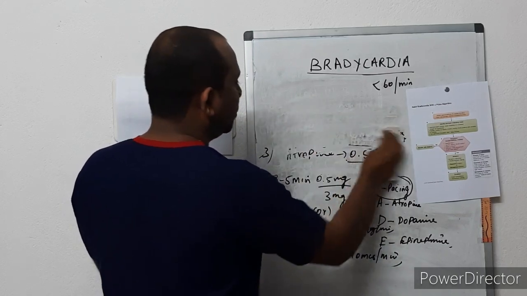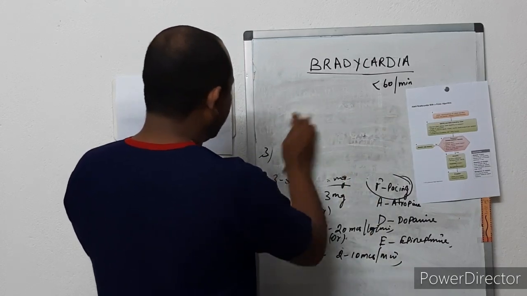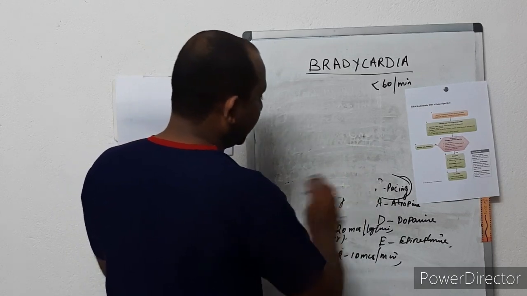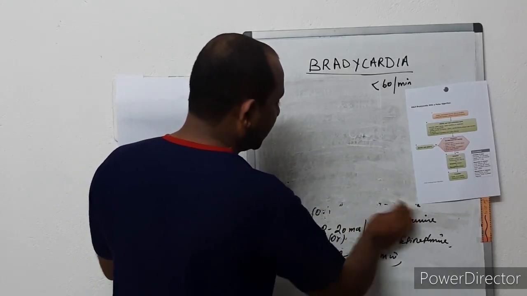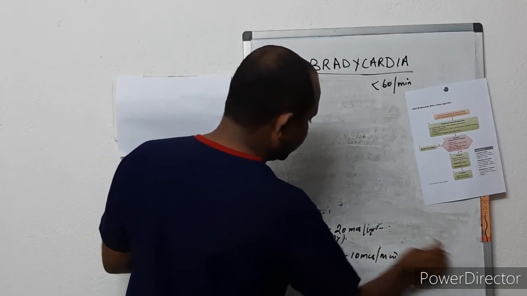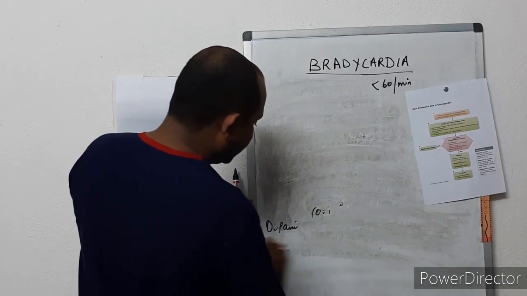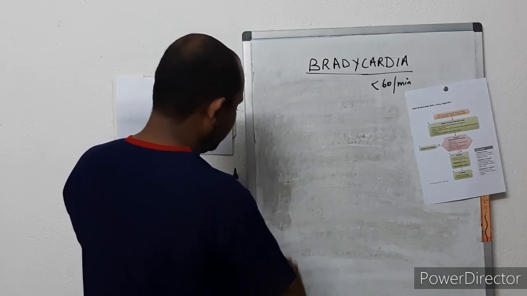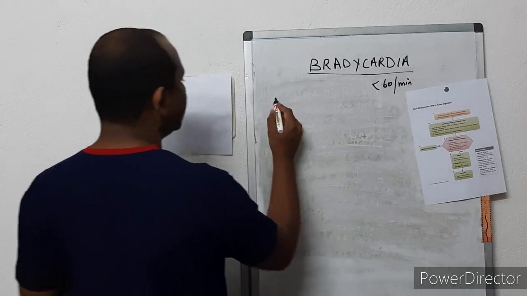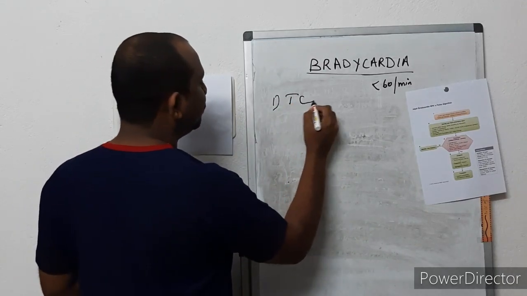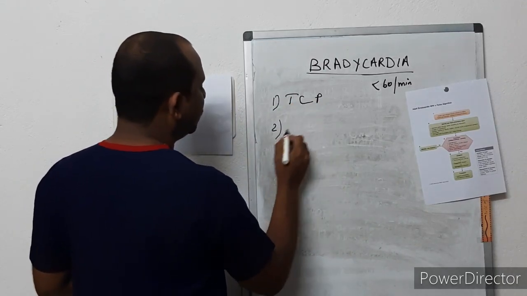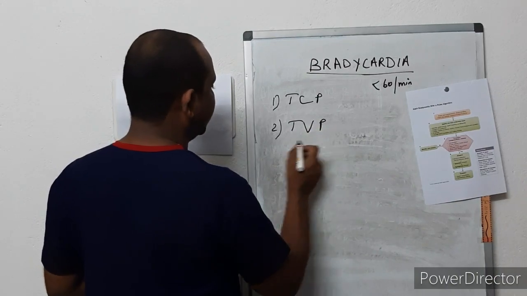There are two types of pacemaker available in emergency and critical care settings. One is transcutaneous pacing. Another one is transvenous pacing, right?